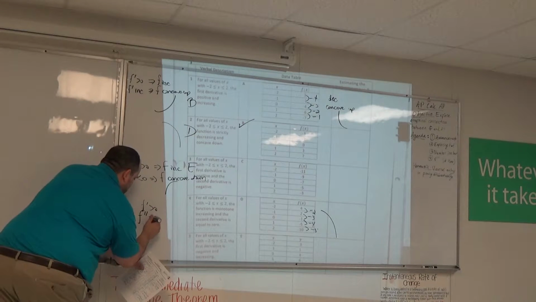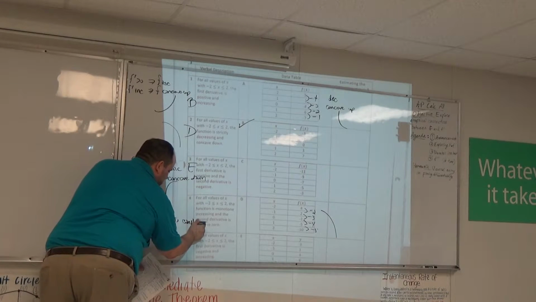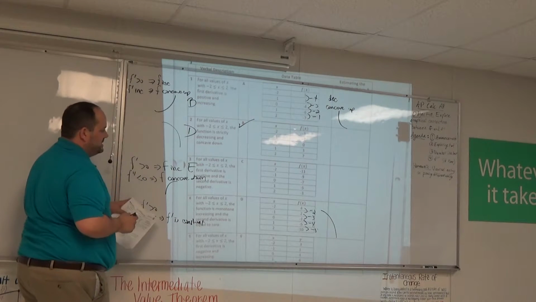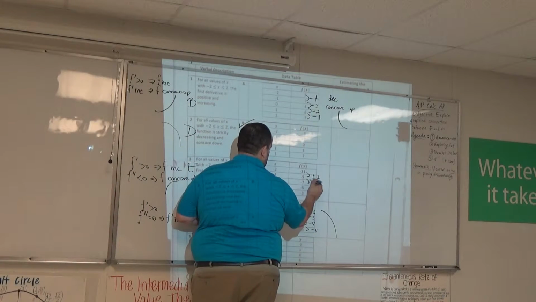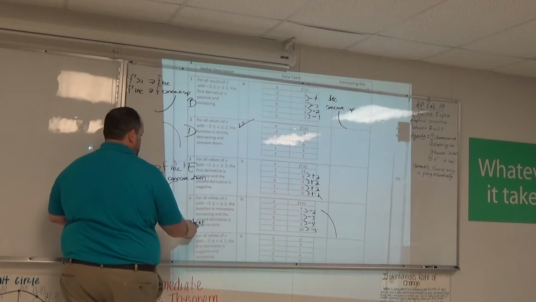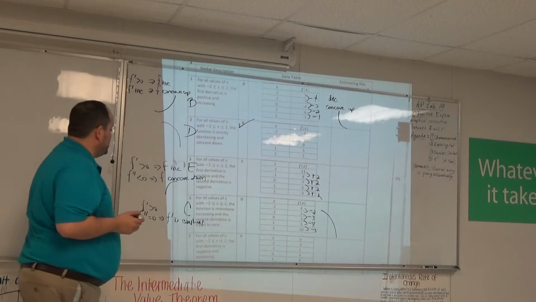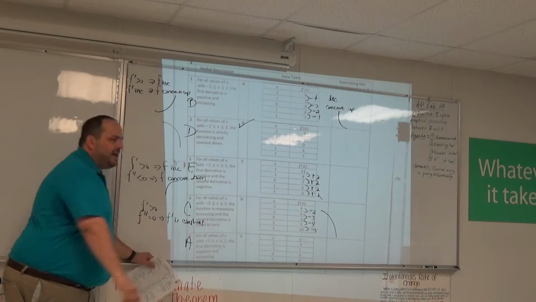Second derivative is 0, which means f prime is constant. I need a function that's increasing at a constant rate. Right, plus 2, plus 2, plus 2, plus 2. For sure, number 4 goes with C. And by process of elimination, number 5 goes with A.